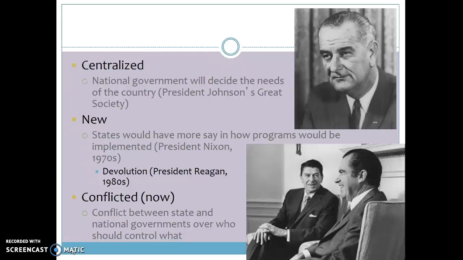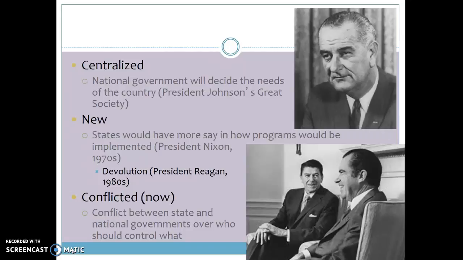And then the other type of federalism, arguably amongst some political scientists, is a type called conflicted, in which there's just conflict between the state and national governments over who should control what. So arguably, like the marijuana legalization issue, or marriage rights, or healthcare, would fit into this category of conflicted, not necessarily new.